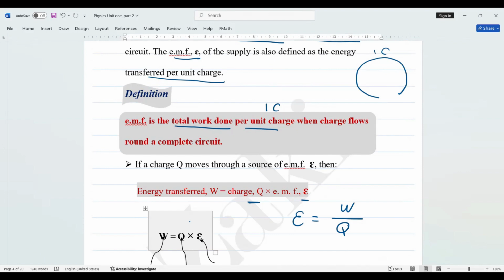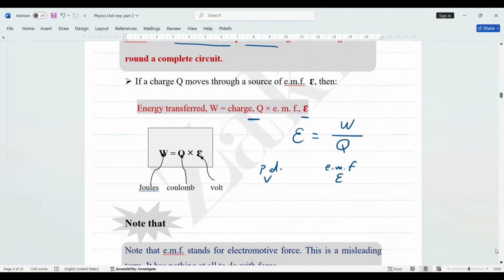So remember the difference between potential difference, denoted by V, and EMF, denoted by E. What is the difference between both? V, or potential difference, is the energy transferred per unit charge between 2 points in the circuit, between A and B. So the work done to move 1 coulomb between A and B is the potential difference.